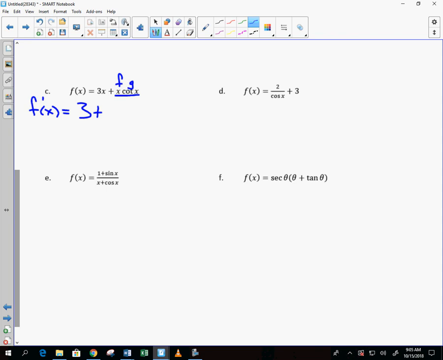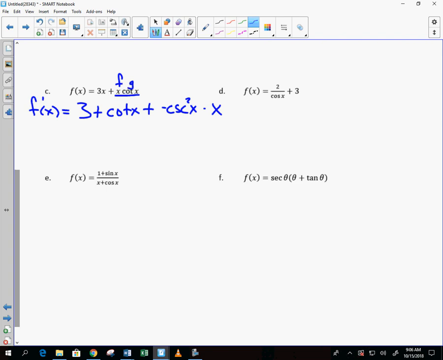You remember that the product rule is f prime g plus g prime f. So what's f prime? 1 times cotangent of x plus negative cosecant squared of x times x.